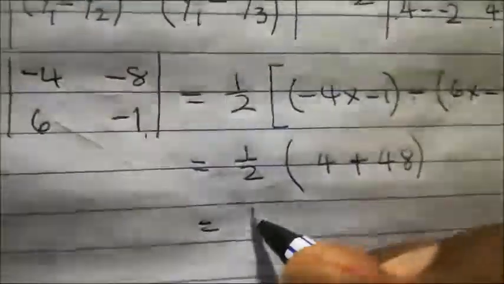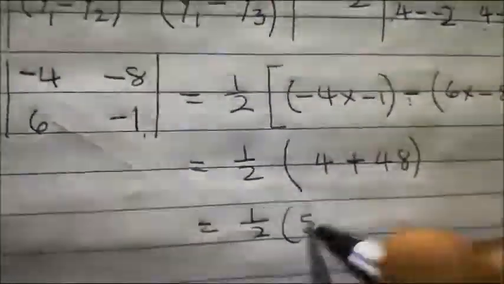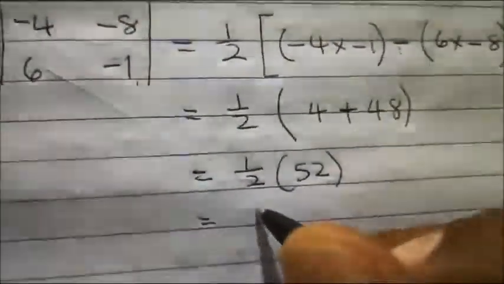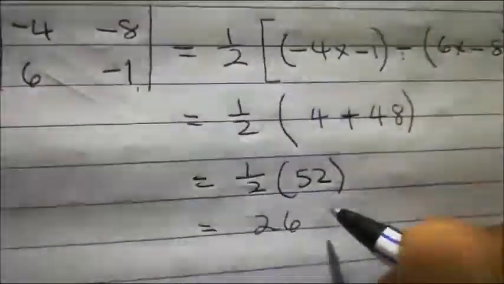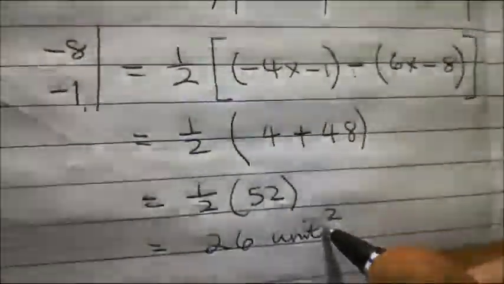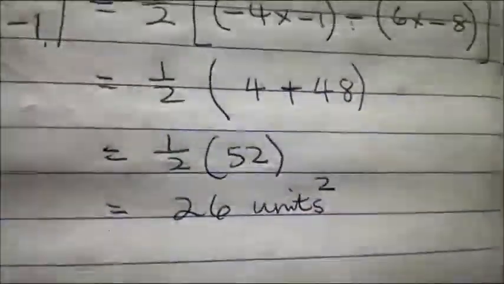So this becomes plus 48. And this leads to half of what? 52. And of course, this is going to lead to 26 units squared. Or square units, right? Units squared. And this becomes the answer actually.